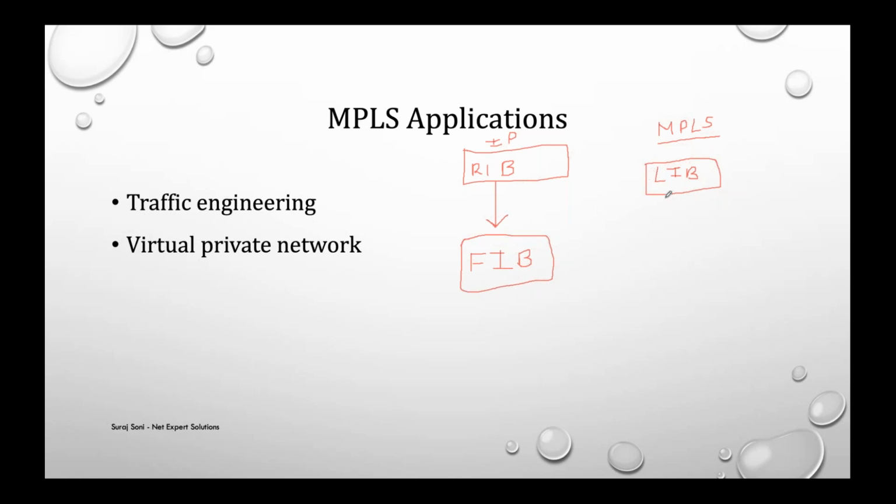In the LIB we have all the labels received, but we want to use only the label which is assigned to the best path. Some of you may get confused, because yesterday I was saying that IGP had issues, so why did MPLS come into the picture? But right now we are doing IGP based forwarding only.